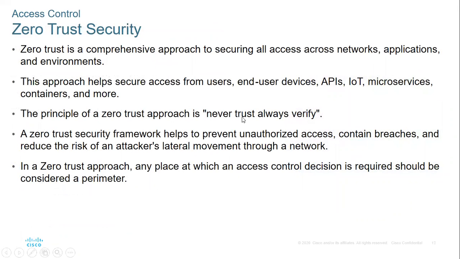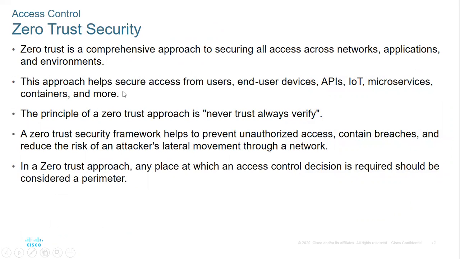Okay. We also have what is known as the zero trust security. So this zero trust is a comprehensive approach to securing all access across networks, applications, and environments. Okay.